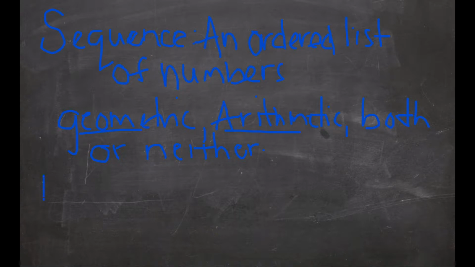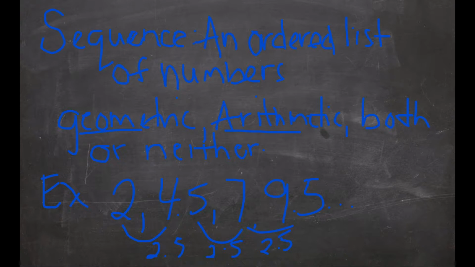So here's an example. First look at this sequence. The first thing I always look for is, is there a common difference? So 2 to 4.5 has a difference of 2.5. And then from 4.5 to 7, that's another difference of 2.5, and another difference of 2.5.